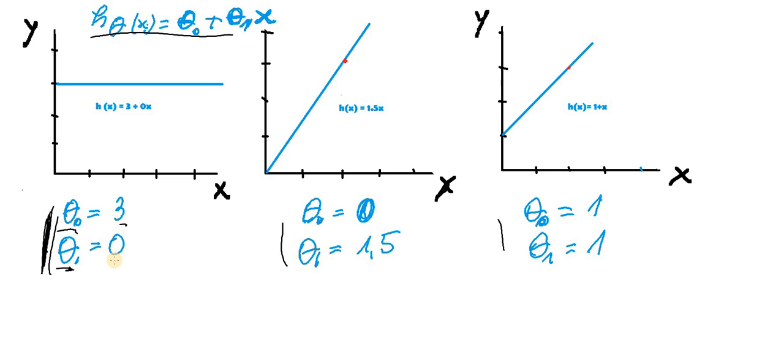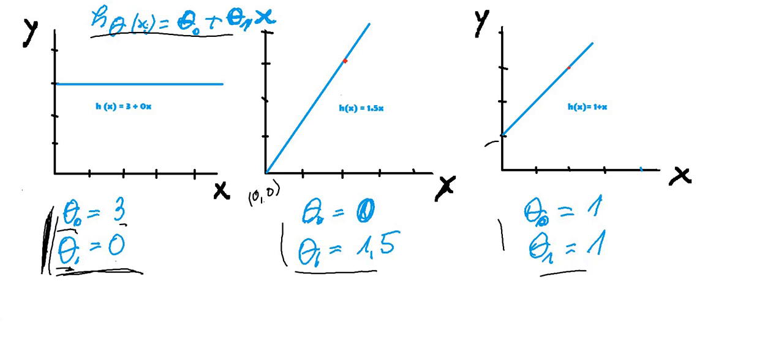With theta 0 equal 0 and theta 1 equal 1.5, we have a straight line that starts from the origin. Theta 0 equal 1, theta 1 equal 1, we have a straight line that starts from y-intercept equal 1 here. So parameters can bring different hypotheses.